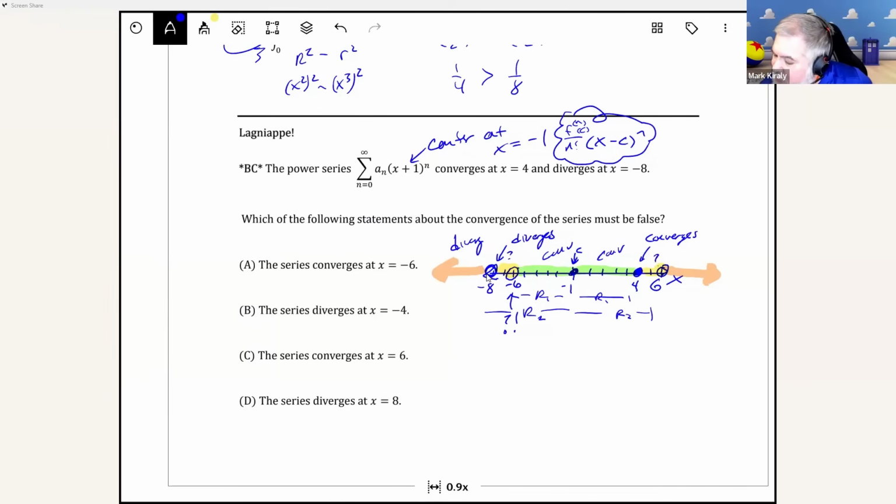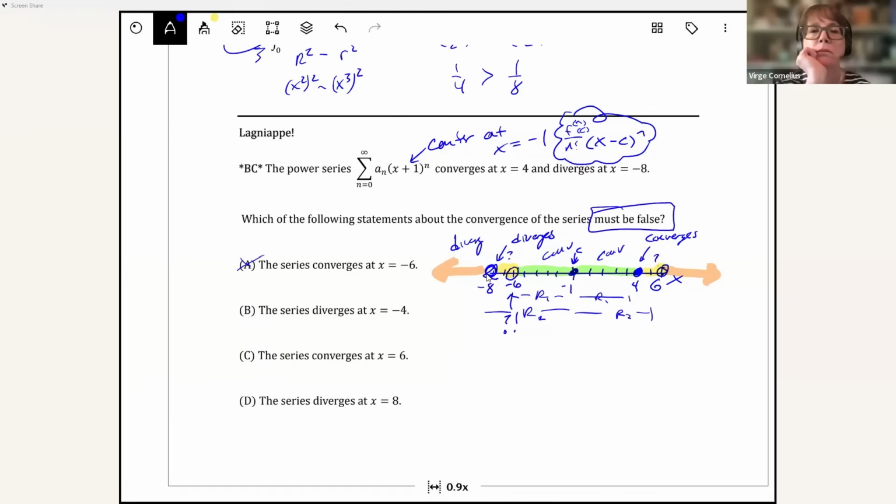Now I'm ready to go through my choices. Does the series converge at -6? Well, I have my big question mark there, so I can't say that for sure. We're looking for must be false, right? Does it diverge at -4? Looks like it's converging there. -4 is converging, so that would be false. Let's keep going just to make sure. 6, we have another question mark.